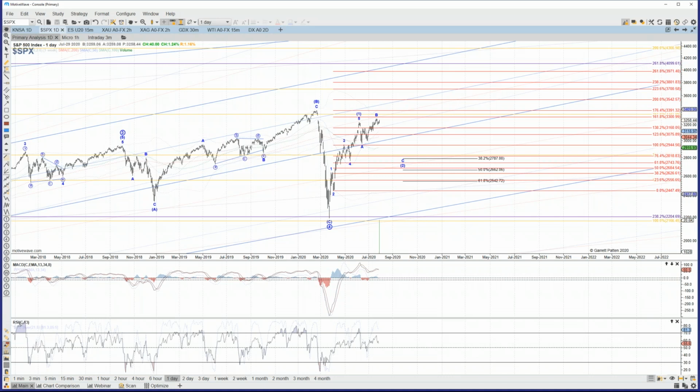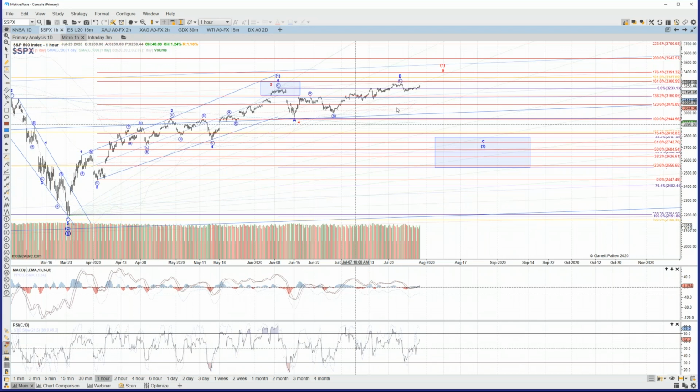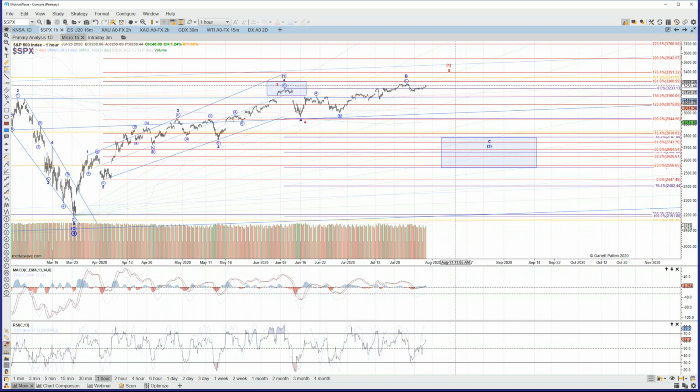Question from John, do I expect a waterfall decline for wave C? Personally, I would lean toward it rather than a very drawn out, choppy ending diagonal C wave. I think that it would work well in putting some fear back into market participants who have become, by many metrics, very complacent again recently.